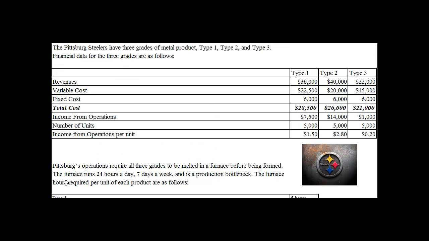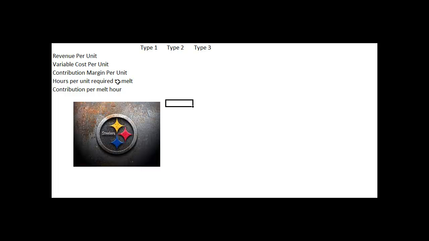So using incremental analysis, I've set this up this way. We've got the three types of steel that we run, and now I want to figure out my revenue per unit for each of the three types.